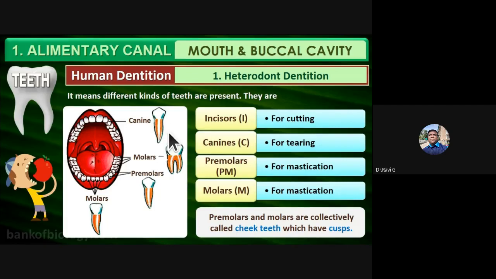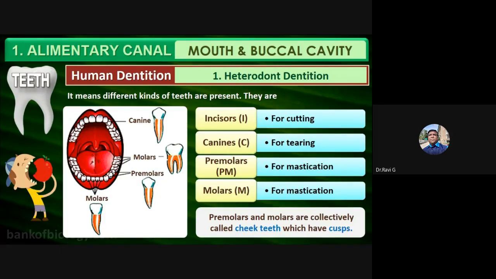They are meant for tearing the flesh, or for tearing the food. It can be tearing the sugar cane, removing the outer part of the sugar cane. So it is not just for tearing the flesh, even for removing the hull, the outermost peel of the sugar cane, we use the canines.